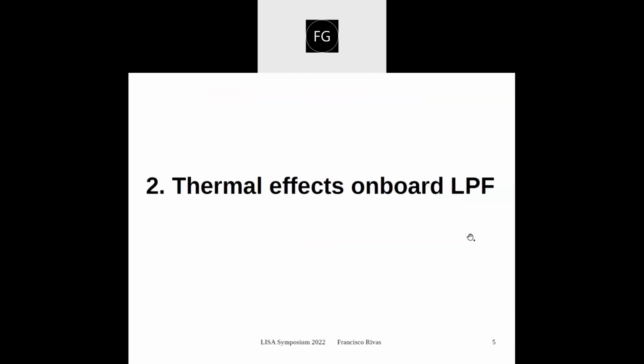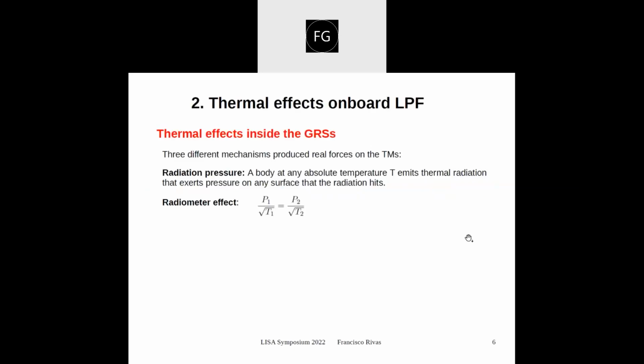Several of the forces of a non-gravitational nature that are part of this spectrum are of a thermal nature. Specifically, we can distinguish two types of thermal disturbances, those that produce real forces on the test masses and those that produce changes in the optical path of the laser beam that measures the relative distance between the test masses.